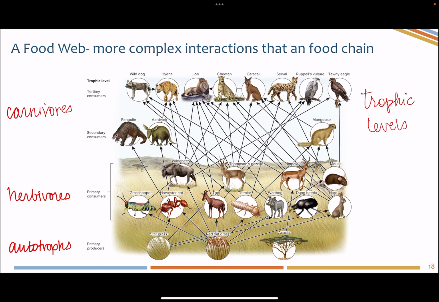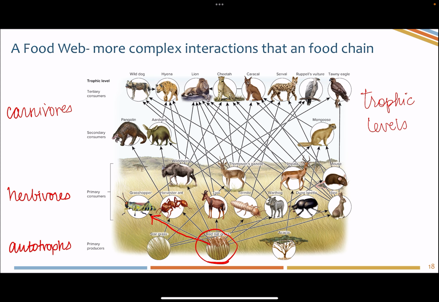So let's take a look at some of these. On the bottom, we have grasses and trees. So these are obviously our plants. Let's start with this red oat grass. Now, red oat grass is being consumed by all of these different herbivores, but let's look at the grasshopper. So energy is moving from that red oat grass to our grasshopper. As that grasshopper eats the grass, some of the energy from the grass is transferred to the grasshopper.